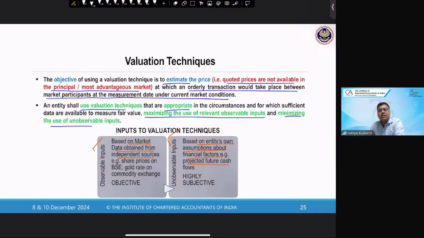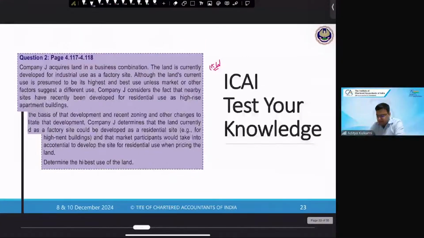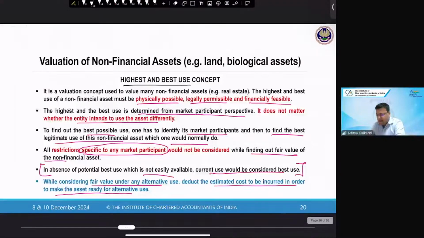And for that market, we have to determine the fair value, which is nothing but expected selling price minus the transportation cost. We do not deduct the transaction cost because it is a characteristic of the transaction and not of the commodity. So that is your fair value determination. And that was where I think we had ended.